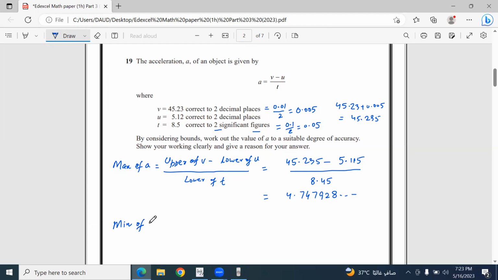Now the rule will change. We need the lower of the numerator over the maximum or upper of t. Okay, so how can you find the lower value?